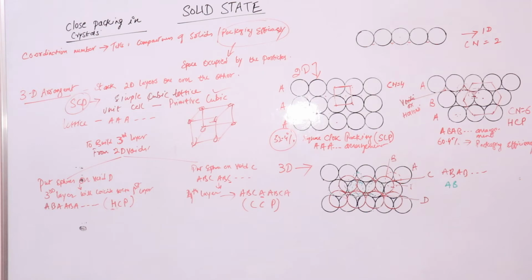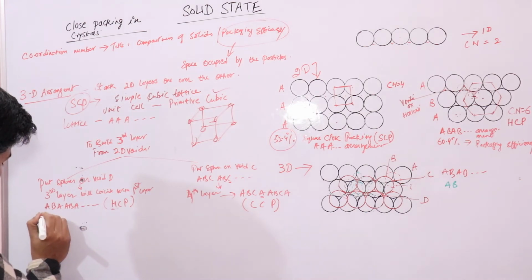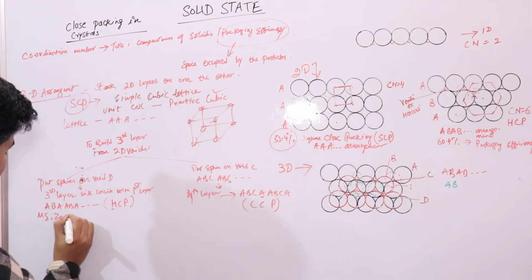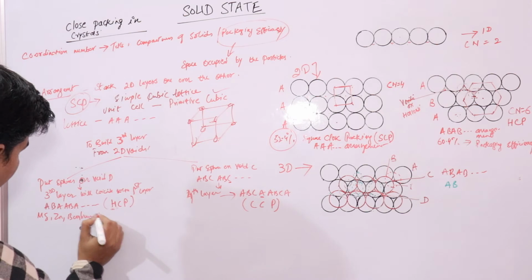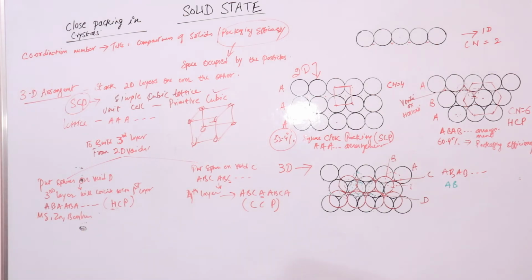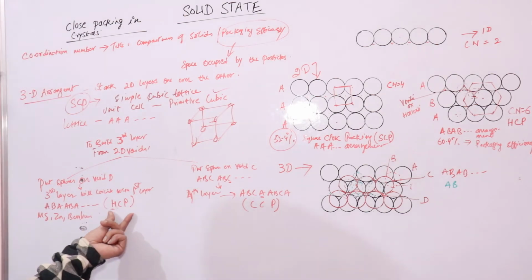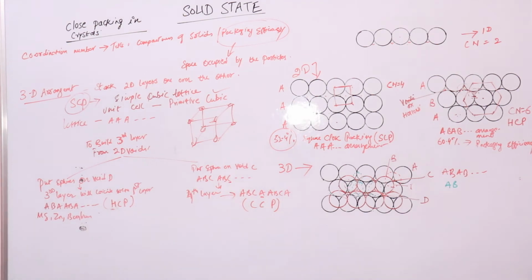An example for ABA arrangement is magnesium, zinc, beryllium. Magnesium, zinc, beryllium will crystallize with HCP arrangement. These elements crystallize in HCP structure.